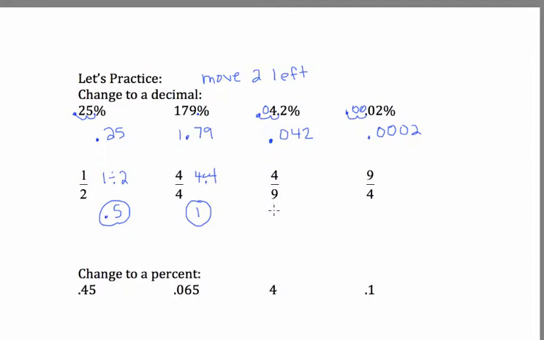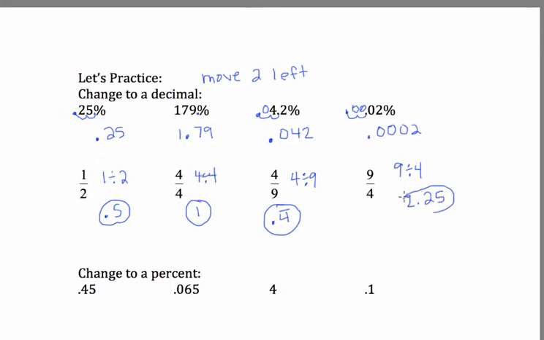I want to review the fact that 4/9 will be a number less than 1. 9/4, since it's an improper fraction, will be a number greater than 1. 4/9. 4 divided by 9 is 0.4 repeating. 9 divided by 4, either on a calculator or by hand, is 2.25. Again, it's an improper fraction. It's going to be a number greater than 1.